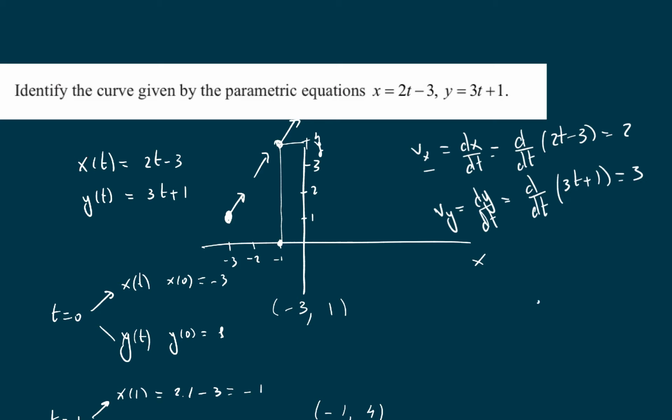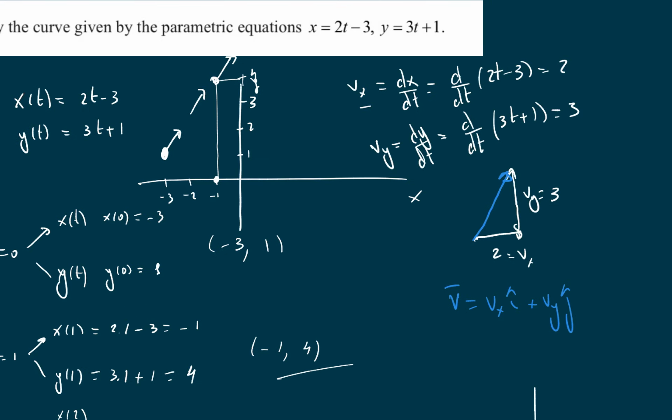So the vector velocity is a vector that has 2 units in the x direction, so Vx is 2, and Vy is 3 units. As you know from vectors, the sum of the two vectors, V, is Vx i plus Vy j.